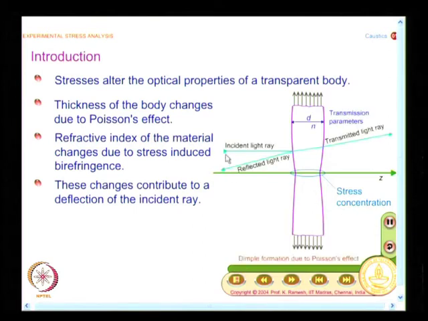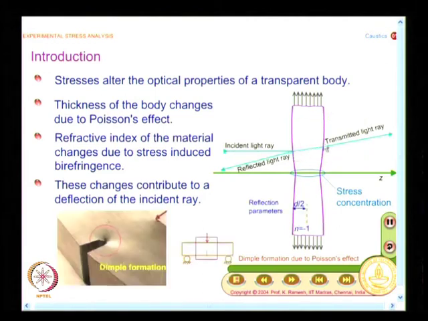So, what I see here is I have an incident ray and it gets transmitted, it does not go straight, it gets deflected, and because of these changes, when I send a beam of light, I will get a shadow essentially behind the specimen in transmission arrangement, and in the reflected case you will see it on this plane.